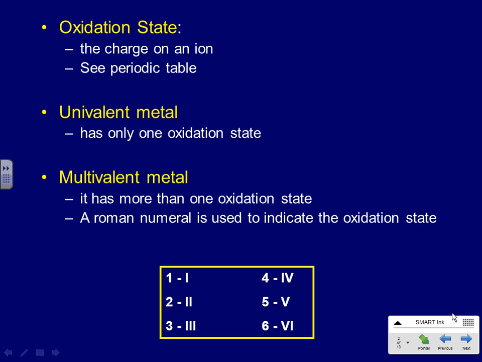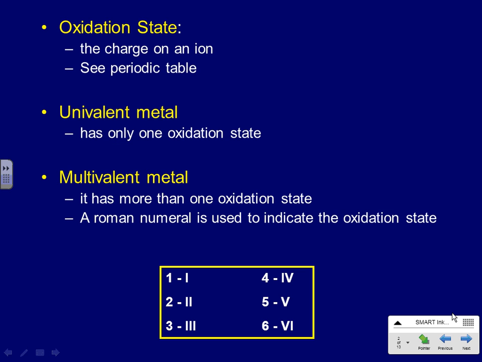And if you take a look at the little legend up in the corner, I'm pretty sure the oxidation state is at the very bottom of the box. Is that correct? Very bottom of the box, it says oxidation state.